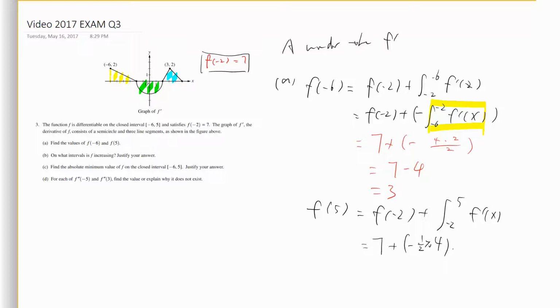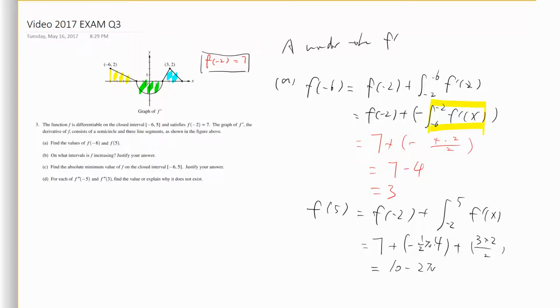And then the blue triangle we add because it's above the axis, giving a positive value: 3 times 2 divided by 2, base times height divided by 2. So we get 10 minus 2 pi. Pretty straightforward.